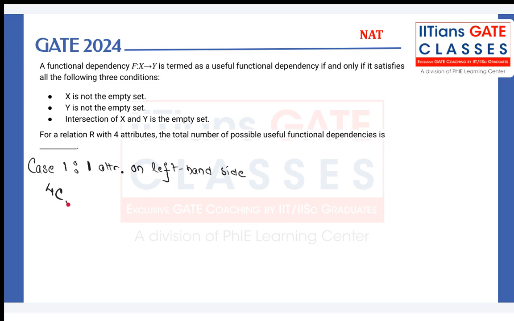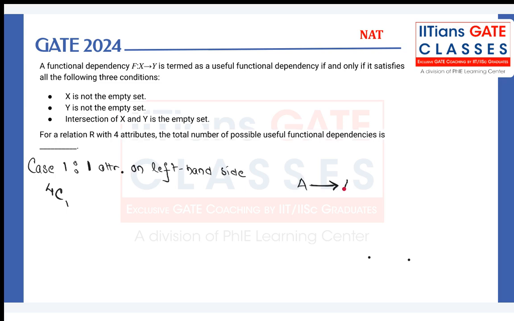Is it okay, everyone? So let's say there is a relation with four attributes A, B, C, D. I selected A. Can I have A on the right hand side?